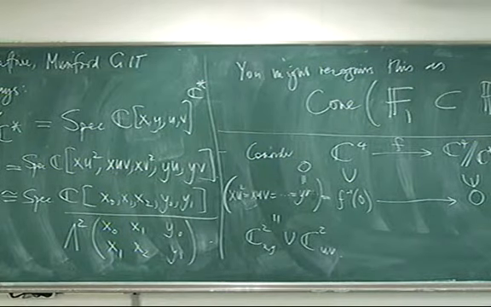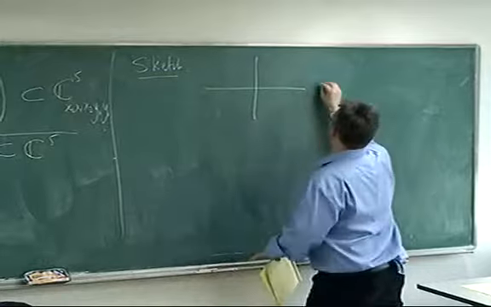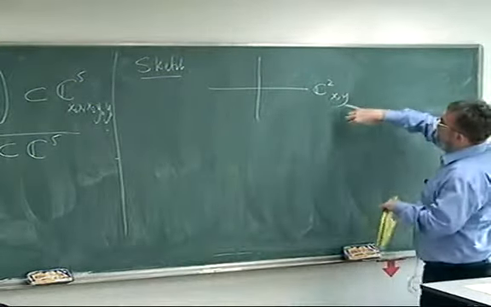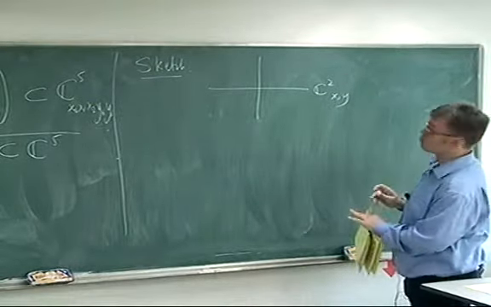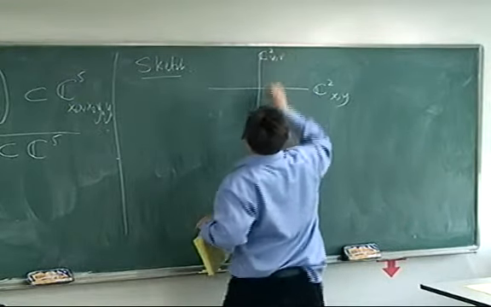This is the same picture as Miles was drawing, in a sketch. Here's C4. Let me reduce the dimension a little. This horizontal axis is meant to be the plane of the xy coordinates, and up here is the plane of the uv coordinates.